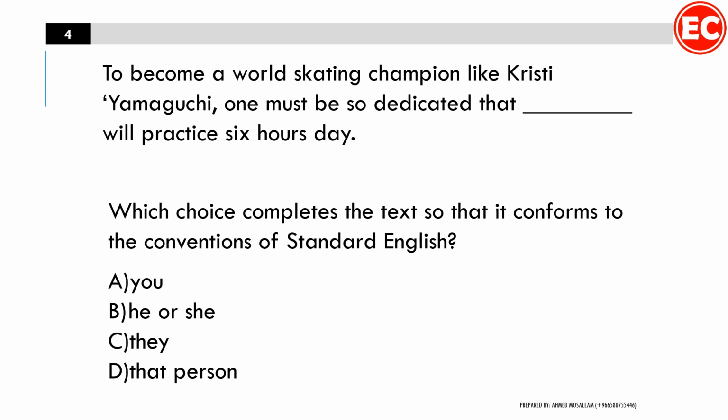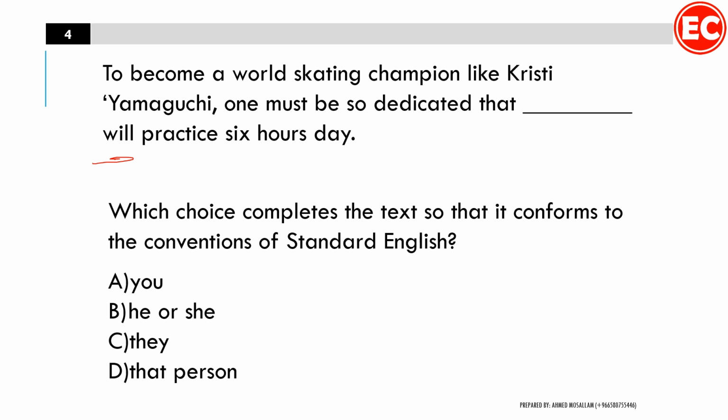For this question, please read it carefully and try to get the right answer. You can pause your video as well and try on your own. Here it says, to become a world skating champion like Kristi Yamaguchi, one must be dedicated and practice six hours a day. Who will be practicing six hours a day? You, he or she, they, or that person?